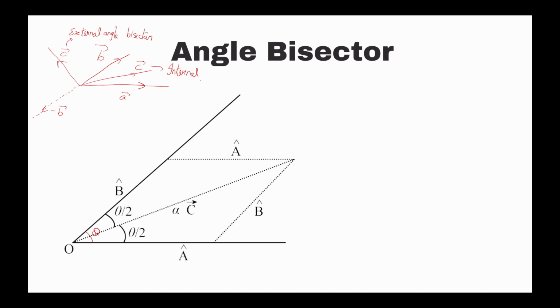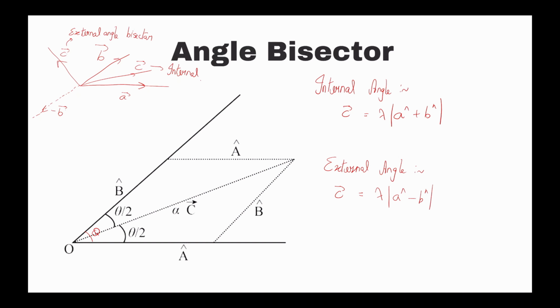So of course, how can we find these external angle and internal angle bisectors? Simply, there is a formula for you to remember. If I'm finding the internal angle bisector, then I would write my C vector to be lambda times of A cap plus B cap. And if I'm finding my external angle bisector, C vector is equal to lambda times of A cap minus B cap, simply.